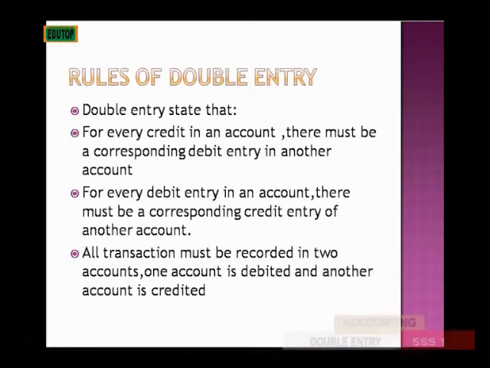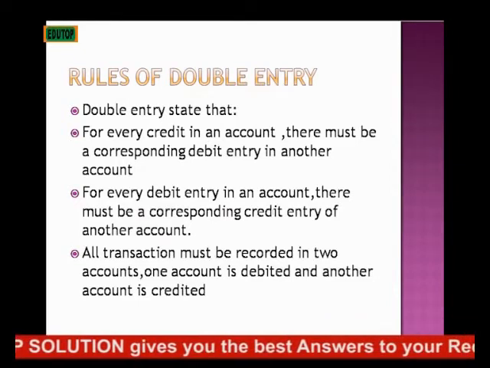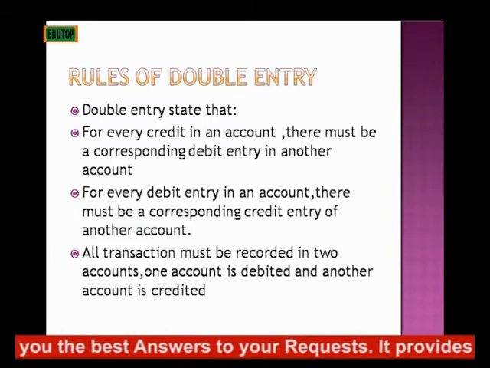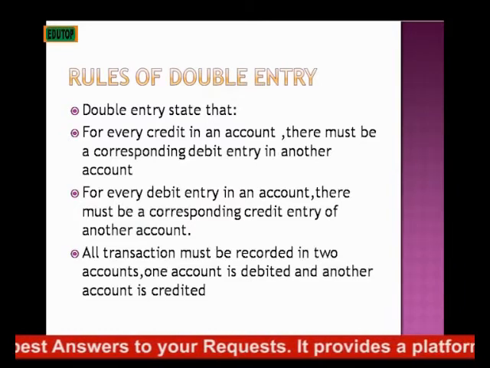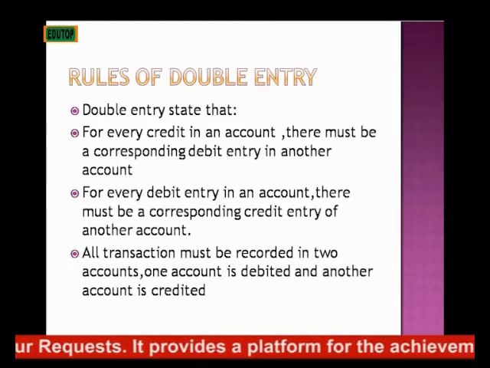The second rule of double entry states that for every debit entry in an account, there must be a corresponding credit entry in another account. The third one says all transactions must be recorded in 2 accounts.